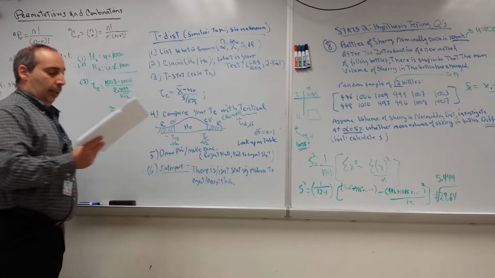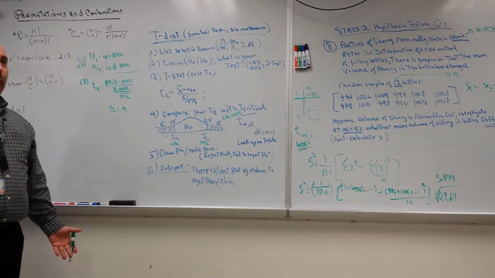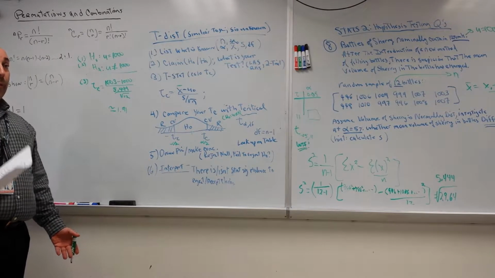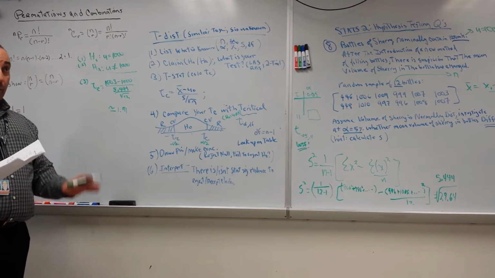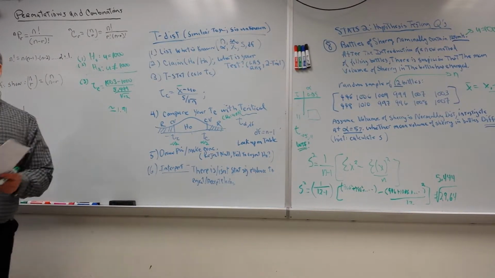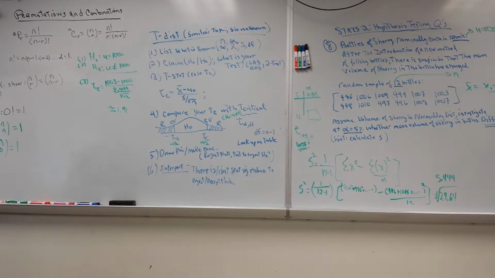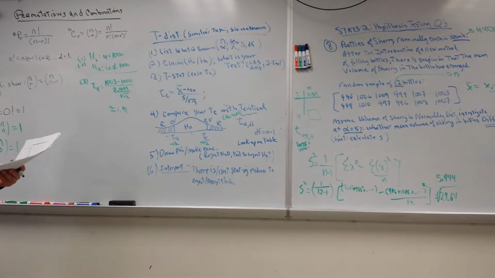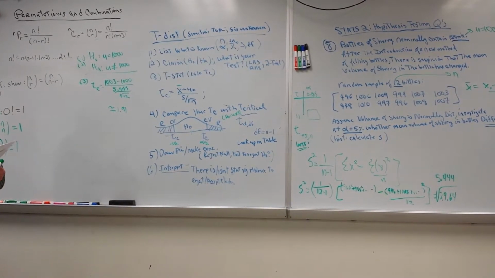Now, you would have to look up the table, which I'm surprised they didn't give you. Maybe they don't do it anymore. But I looked at the most recent one, and they do the T distribution.